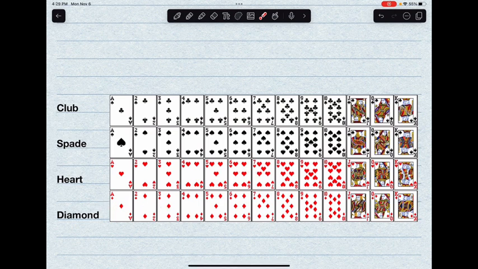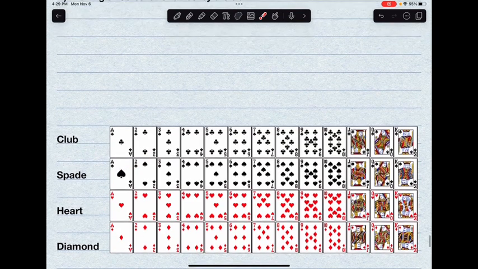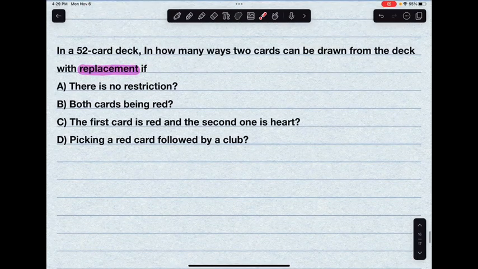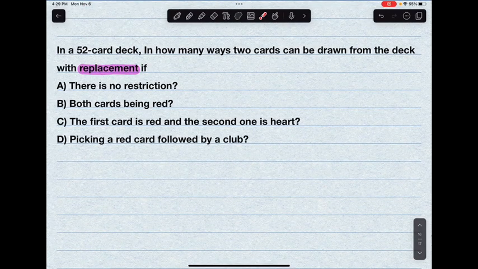And each group has 13 cards. It starts with ace and 2 to 10, and we have jack, queen, and king. You can see heart and diamond are red, and club and spade are black. Okay, so we are going to draw 2 cards from these 52 cards.